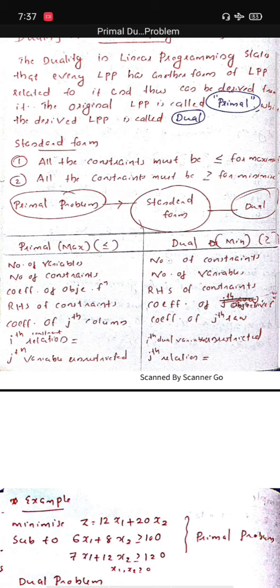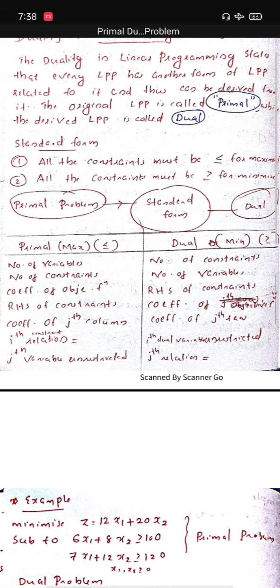And suppose our given objective function is of the type minimization, then the corresponding constraints must be of the form greater than or equal to. So, to convert a primal problem to a dual problem, we first convert that primal problem to its standard form, then we convert that standard form to its dual form.